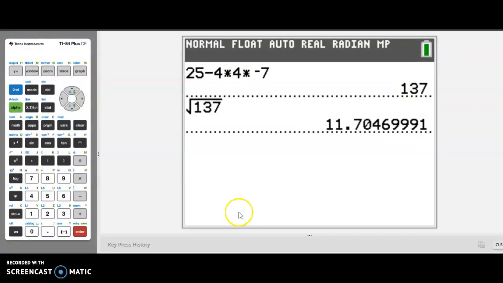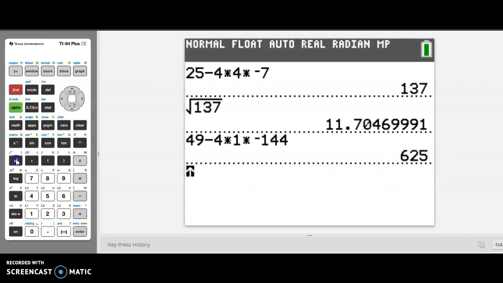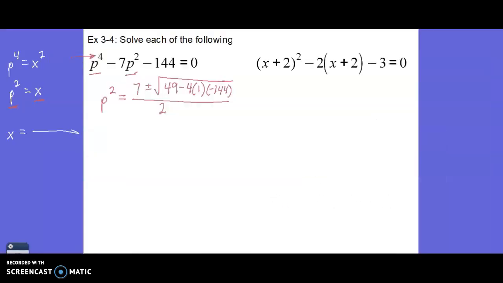So as I go to my calculator, I think this is a pretty problem where 49 minus 4 times 1 times negative 144. I think that's a nice number. And it is, because the square root of 625 is 25. So we can simplify this to p squared equals 7 plus 25 all over 2 and 7 minus 25 all over 2. That's how we use the quadratic formula.